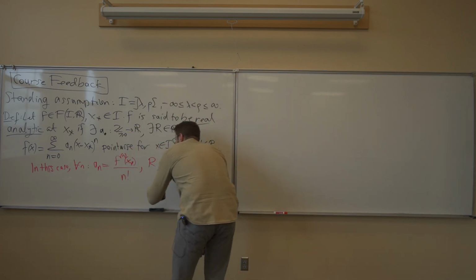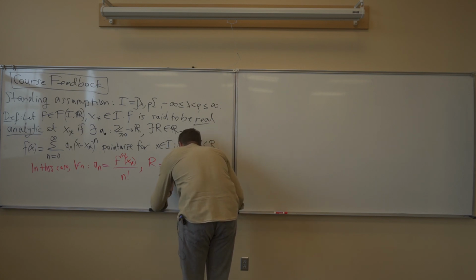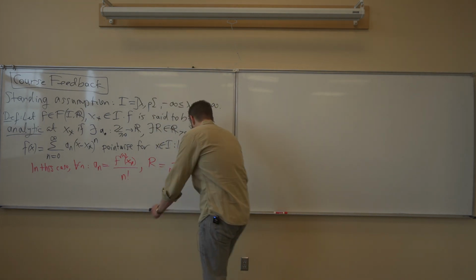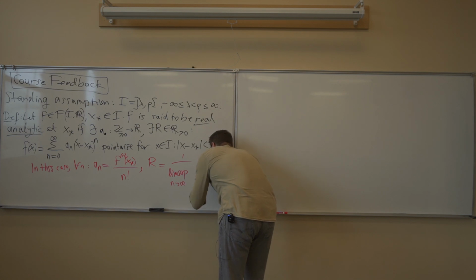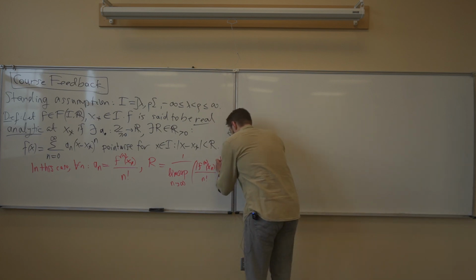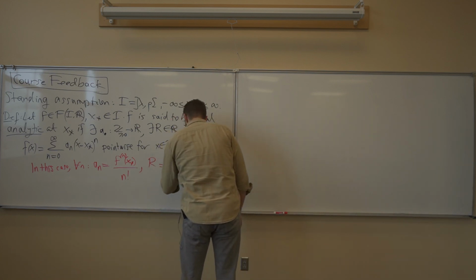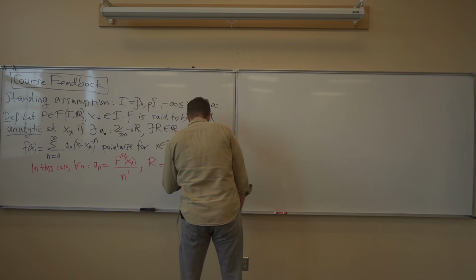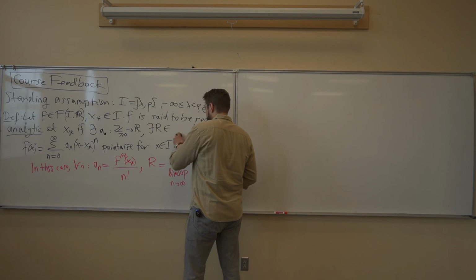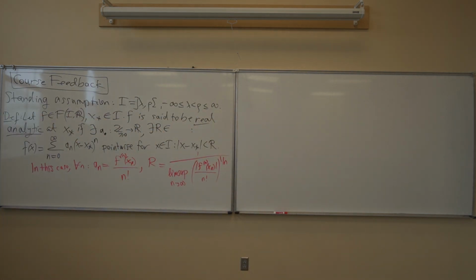But let's say that R is 1 over limsup as n goes to infinity of the root of this expression. So I can just write it explicitly: the nth derivative of f evaluated at x star in absolute value divided by n factorial, all of these raised to the power 1 over n. And maybe I should say that this R is, of course, allowed to be infinity. I just want it to be a positive extended number, if you want.